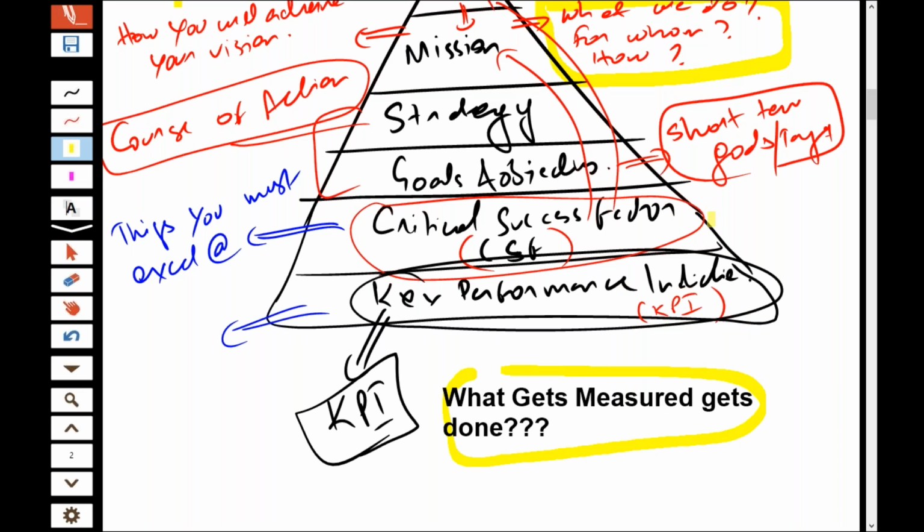That is, how well an organization has been able to fulfill its critical success factors, how well it has been able to achieve them, is all going to be decided by the key performance indicators. We are going to measure the performance using the KPIs. The results of these KPIs would tell us how well an entity has been able to achieve its critical success factors.